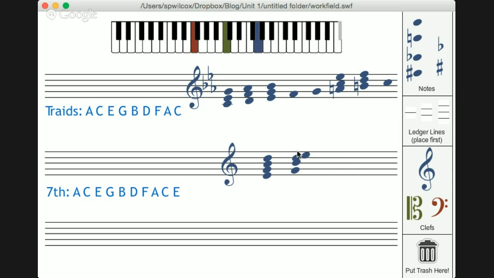This we call 6-5 instead of 6-5-3. So that's first inversion.